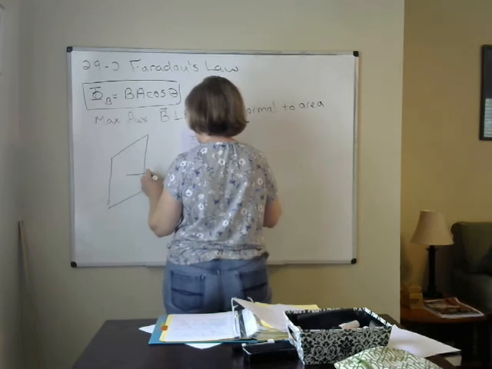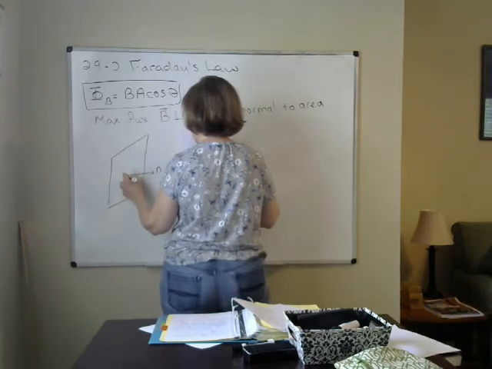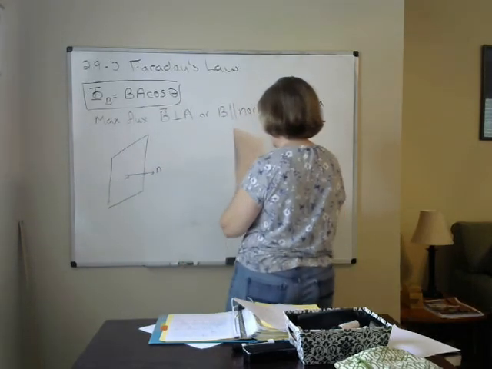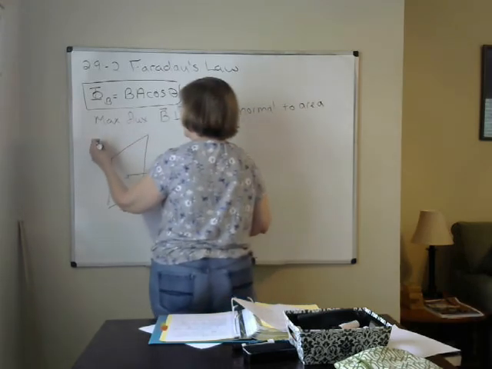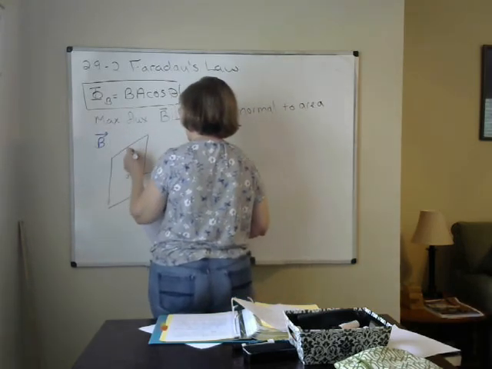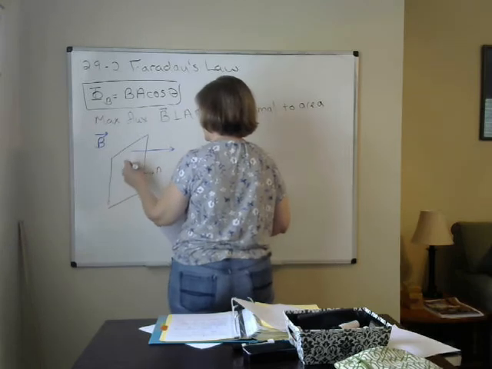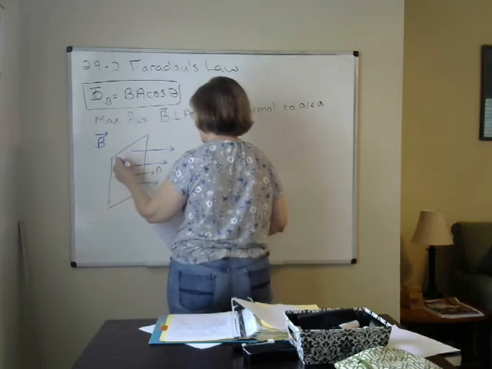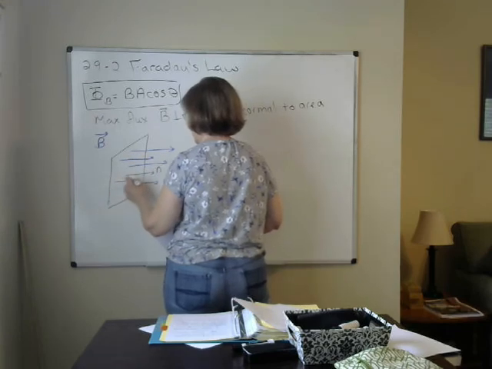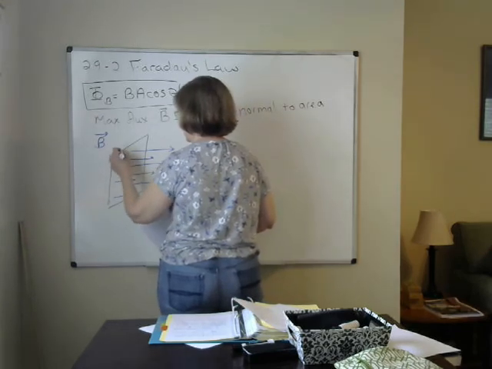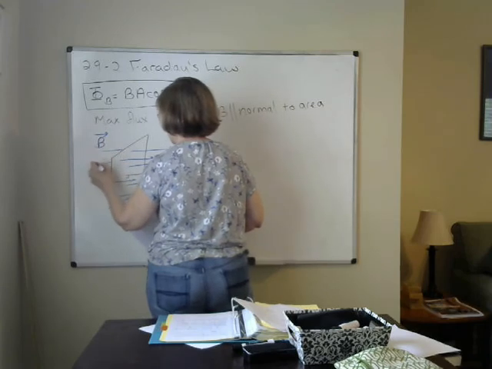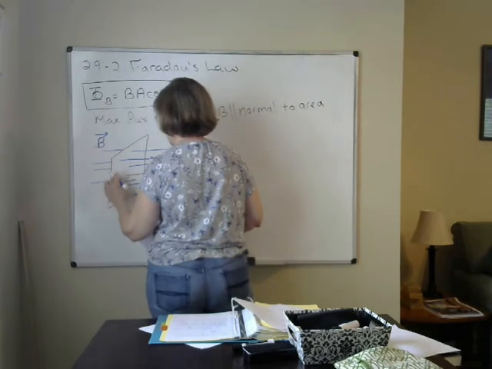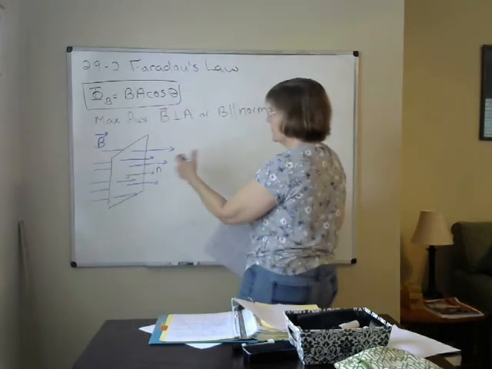There's a normal to it, a perpendicular segment to it. If my magnetic field B points in this direction, and as you can see it coming out back there, there's all those magnetic field lines, I've got a nice uniform magnetic field.